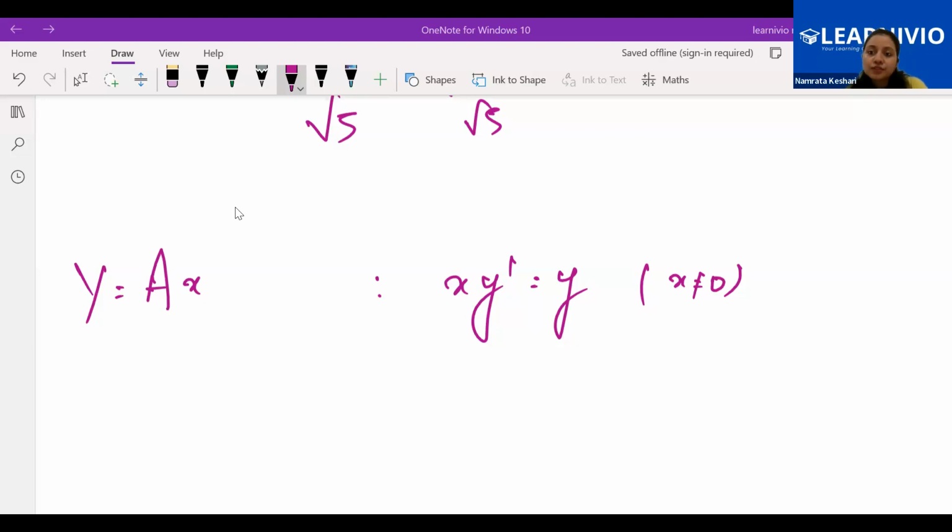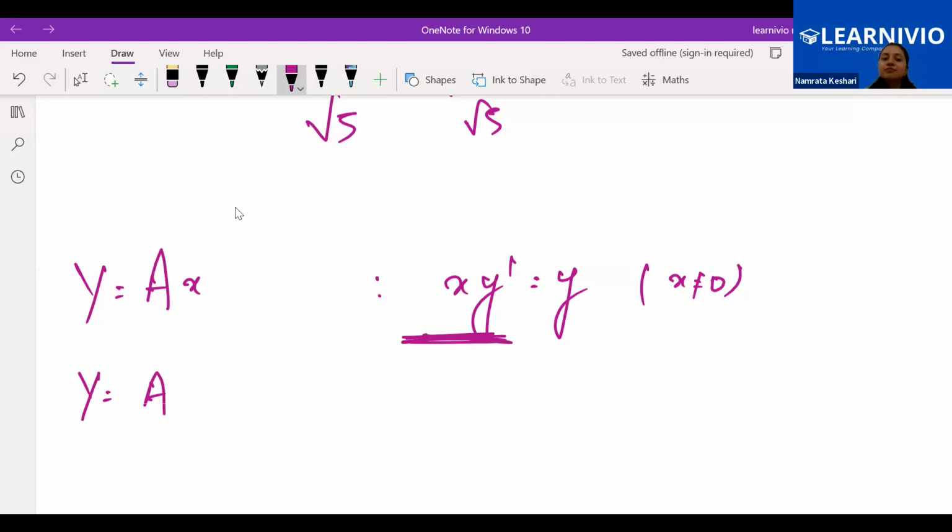Exactly. The way you are going to treat 2, 3, 4, any number, same way we will be treating this a. So it will be just a. y dash is equal to just a.